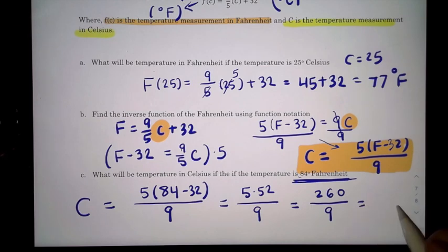So we can get the exact value. 260 divided by 9 gives 28.88. Okay, so that's my solution. So 84 degrees Fahrenheit is the same as 28.88 degrees Celsius.